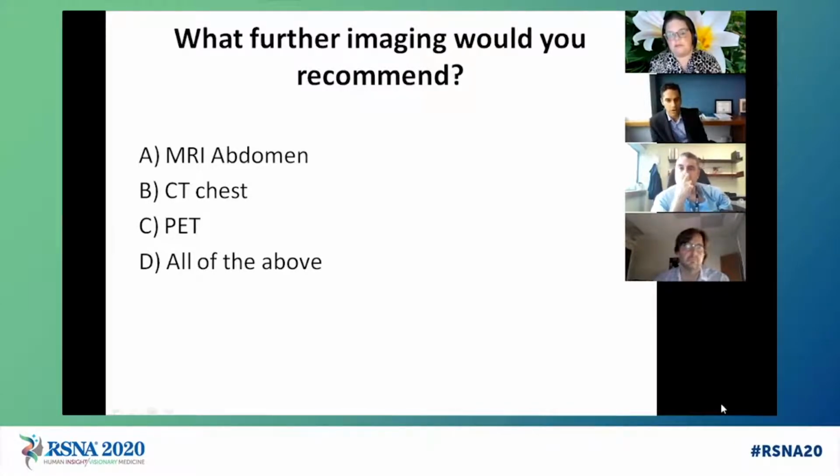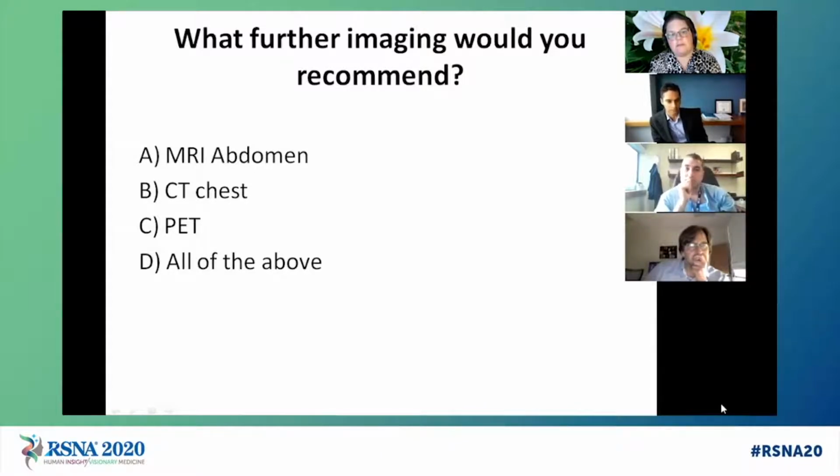If they are PET positive and we see a change, it can give us a little more confidence that we have been effective in our neoadjuvant therapy.